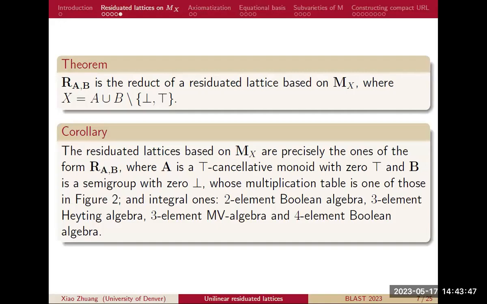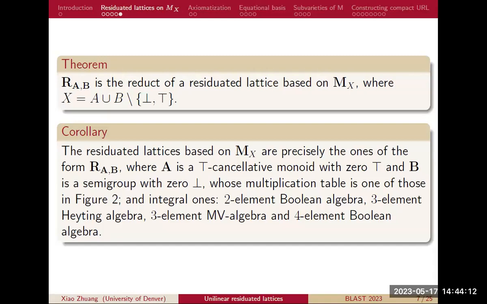We didn't mention it here because it's included in our construction. Just make sure our set B is trivial, only containing the bottom, and our set A is only the top and 1. That would be sufficient to construct the 3-element Łukasiewicz chain. So in this way, we give the characterization of all the restricted lattices on M sub x.